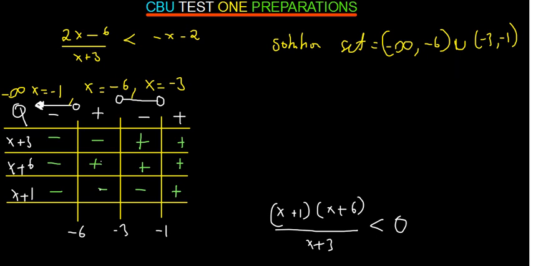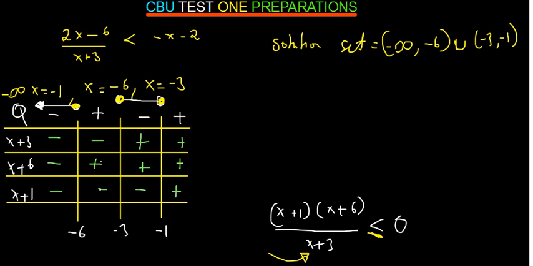Now if it was less than or equal to, you would have shaded these values here like that. It is expected that you shade all of them. But look, the factor that is in the denominator can't be equal to 0. When we set x plus 3 to 0, we found negative 3. Meaning that even if the question is saying less than or equal to, we can't be equal to negative 3.